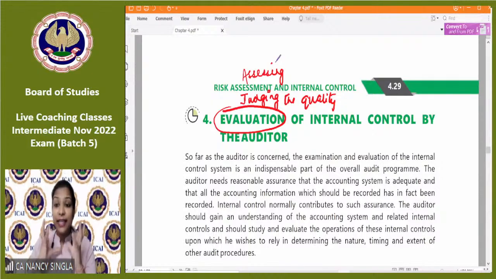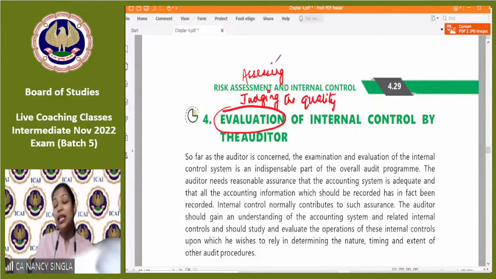We were understanding the control: what is the design, what is the implementation, what is internal control in an organization. We understood that. But is that understanding sufficient? No. We as auditors also need to evaluate, that is, to judge the quality of internal control.